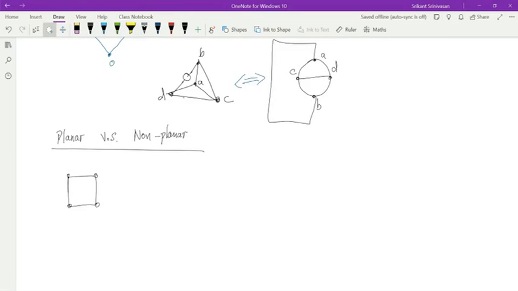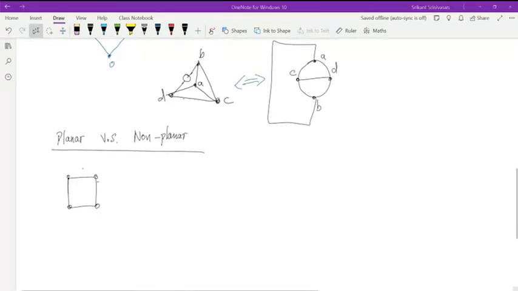That means every branch which is connecting two nodes is doing so without crisscrossing across any other branch. So this is a planar network.